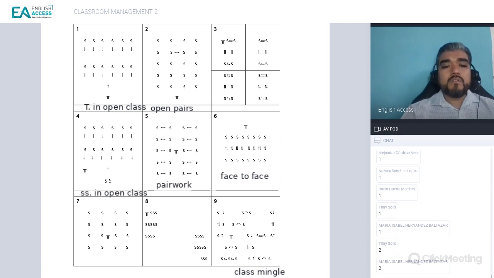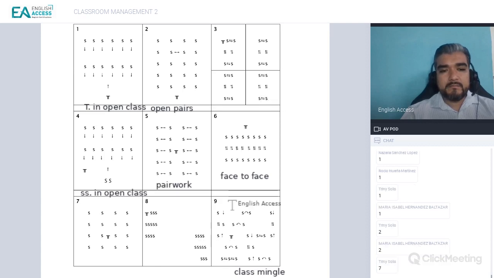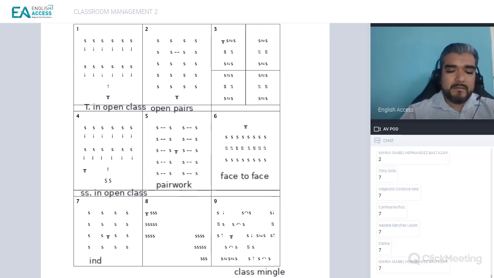Next one. Students working individually. Students work individually by themselves. What do you think? Yes, of course. Yes, it's the number 7, individually. Next one says students work in small groups talking together, not in front of the whole class.